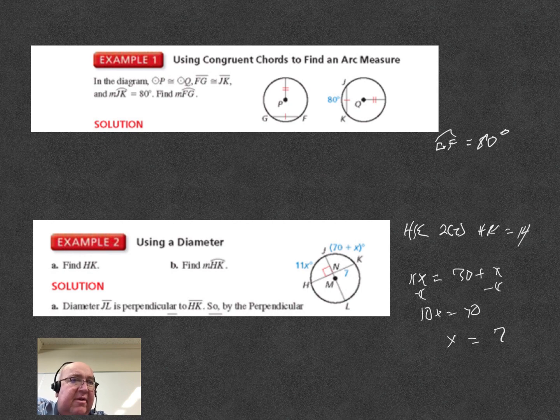So the measure of those two arcs are 77, and we want to find HK, which is going to be 77 times 2. HK is going to be 154.